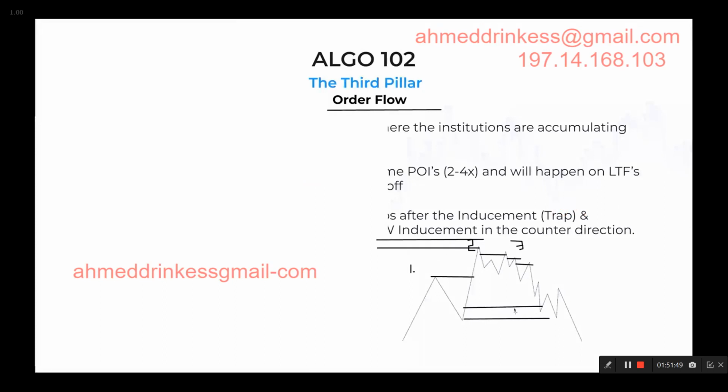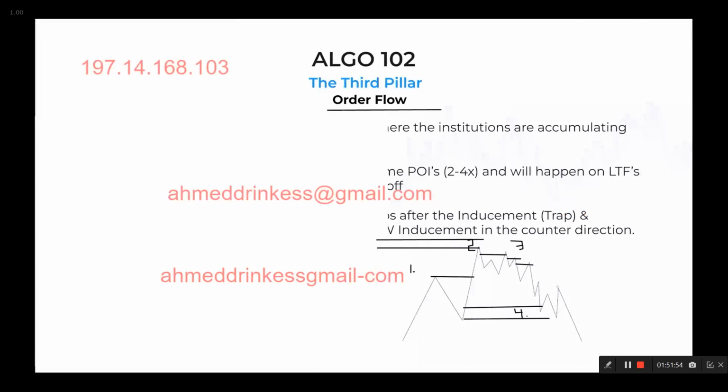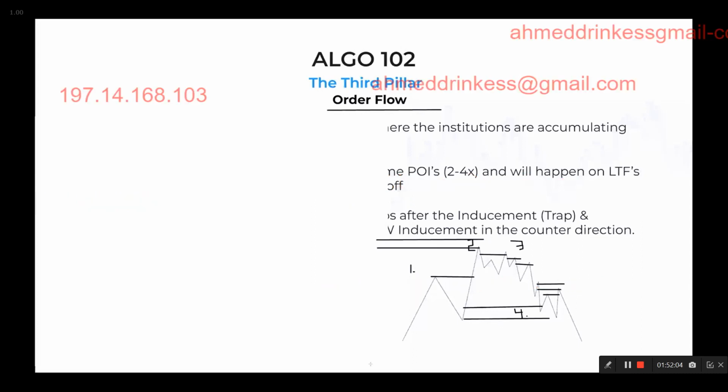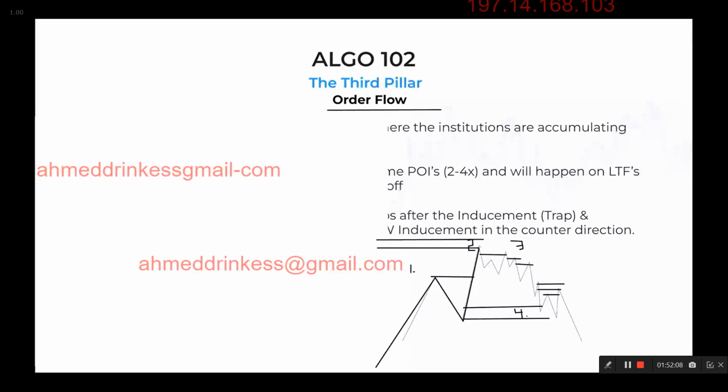Four is our SMT. Order flow. And then, of course, as soon as SMT is mitigated, it comes back to our order flow. And then after 4, SMT to order flow. 5, then, of course, is just going to be a new trap.